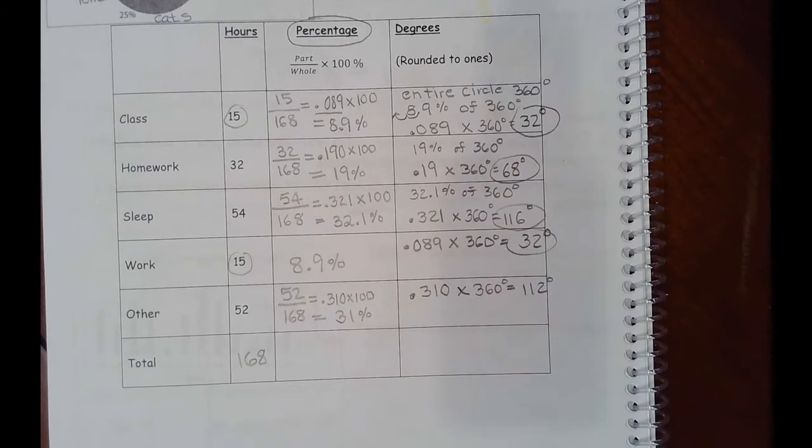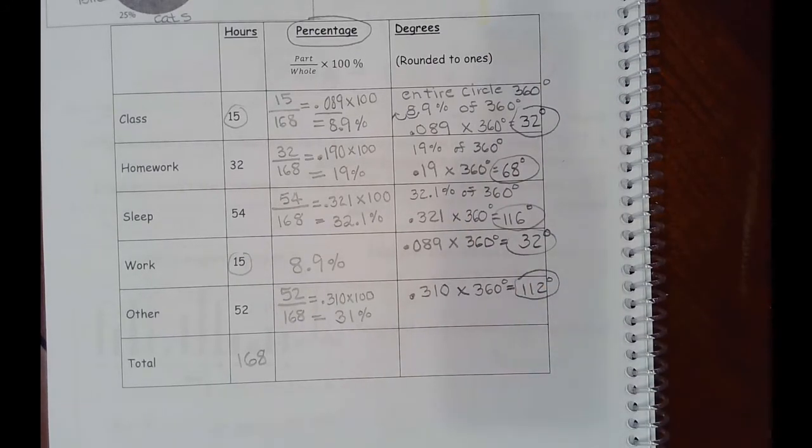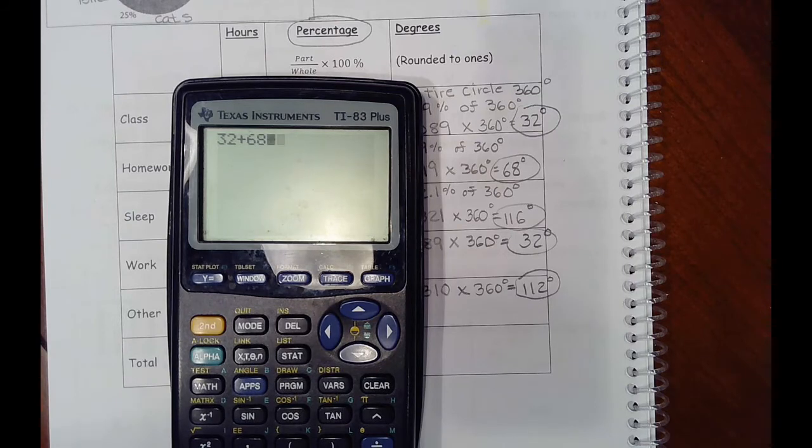Now, sometimes when you add all these up, it won't come out to be exactly 360, and that is simply because of the rounding process. You've been rounding every single answer off, and that can sometimes take you a degree or two away from 360. But we'll check it out. Let's see if this comes out to a full 360. 32 plus 68 plus 116 plus 32 plus 112. Yes, we hit it right on the button.